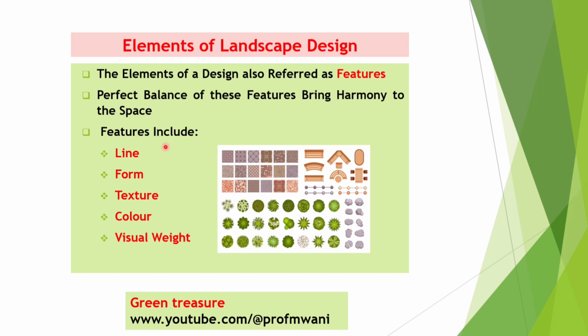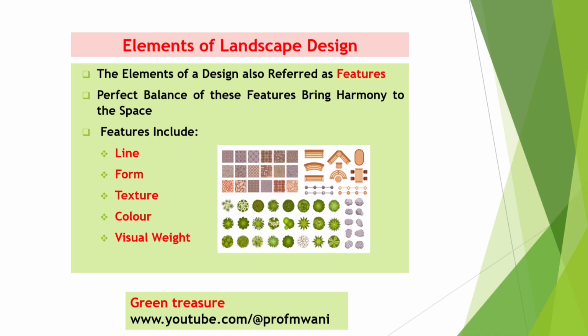The features, or elements, also referred to as tools, include line, form, texture, color, and visual weight. These are some of the elements which are used in the design layout. They can be lines, they can be different forms of plants, and these will be discussed one by one.